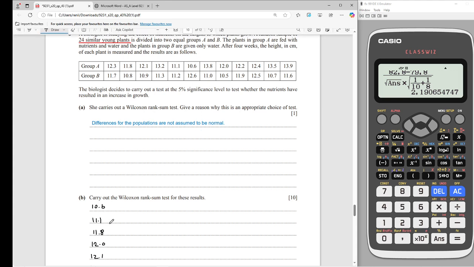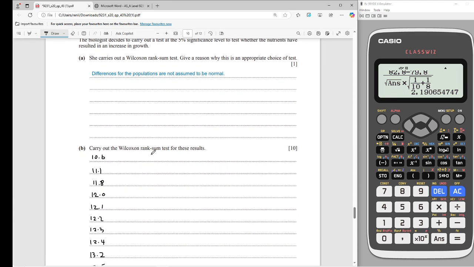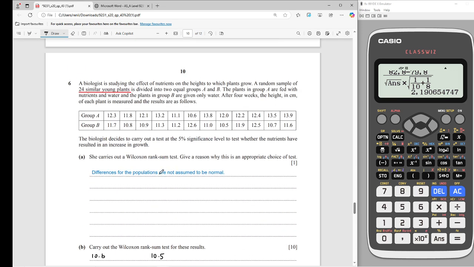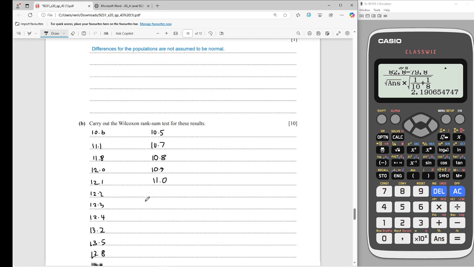This is going to be starting with 10.5, 10.7, 10.8, 10.9, 11.0, and then we have here 11.2, 11.3, 11.6, 11.7, 11.9.